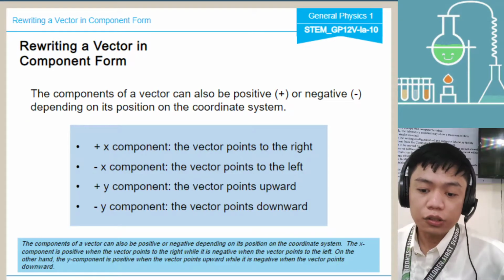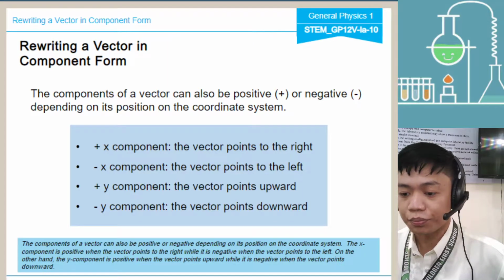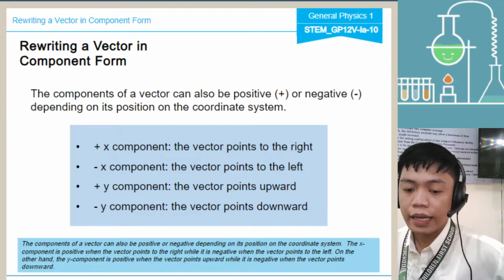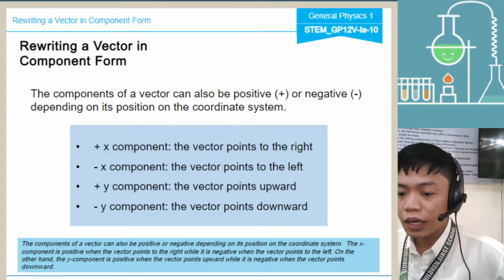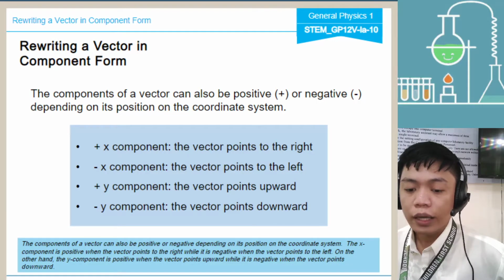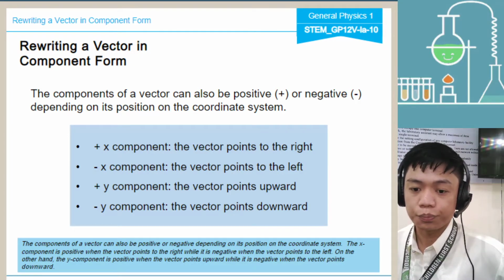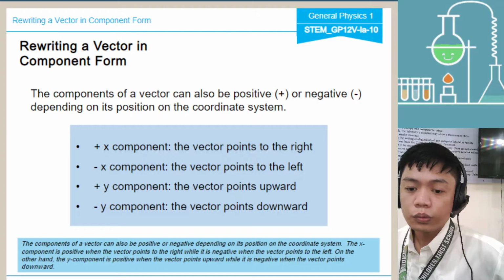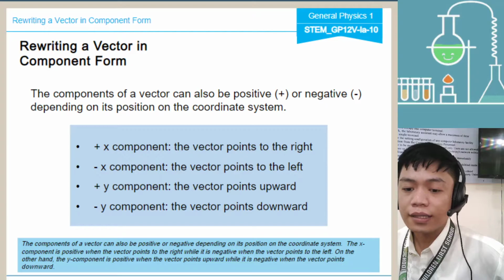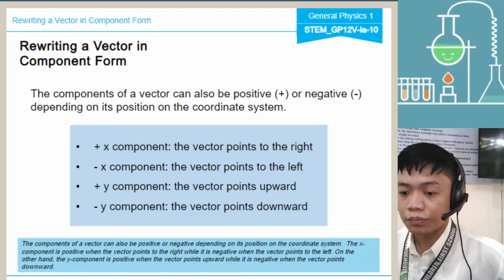The component of the vector can also be positive or negative depending on its position on the coordinate system. The x component is positive when the vector points to the right, while it is negative when the vector points to the left. On the other hand, the y component is positive when the vector points upward, while it is negative when the vector points downward. So, we have positive x, negative x, positive y, and negative y components.